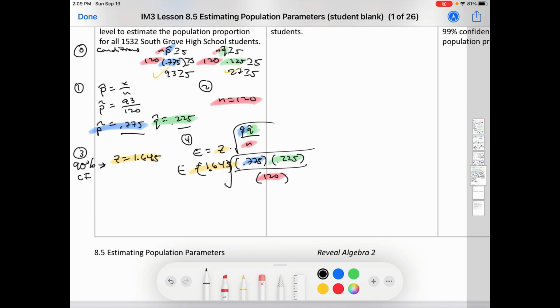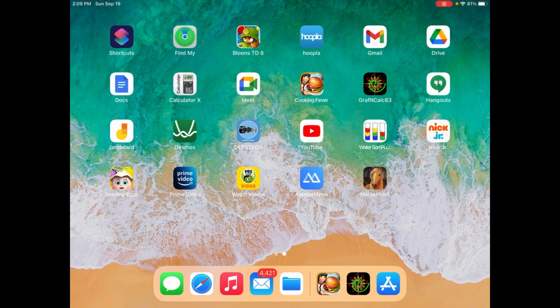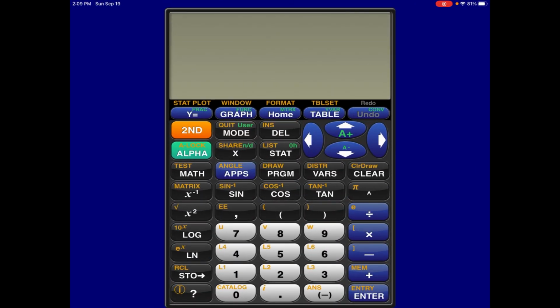Take a picture of this. Let's do that together. Might be a tricky one for you. All right. 1.645 times the square root, parentheses, 0.775.